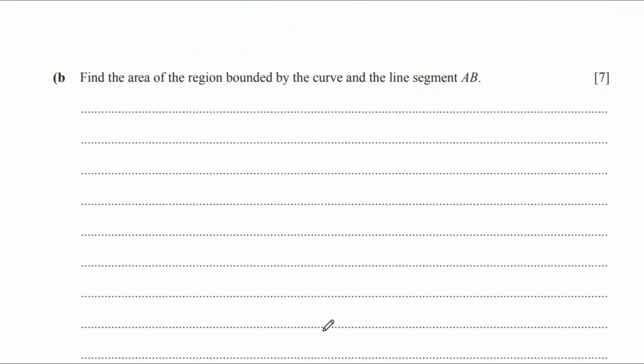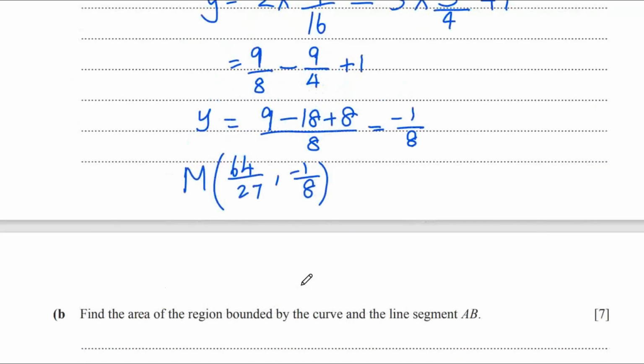The next part of the question is, find the area of the region bounded by the curve and the line segment AB. So we need to find the area of the region bounded by the curve and the line segment AB. So for that, first we need to find out the limits.